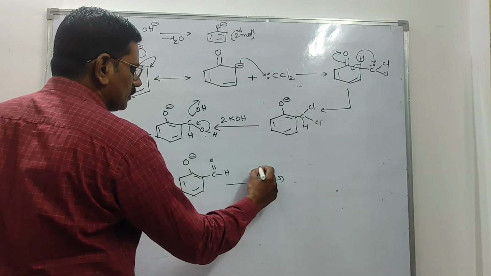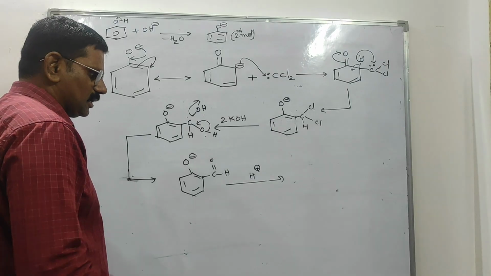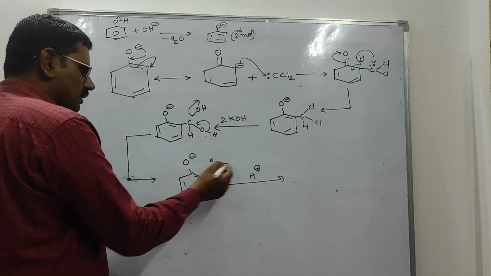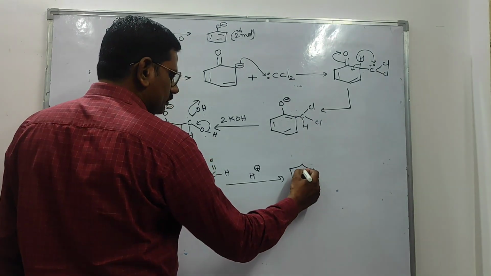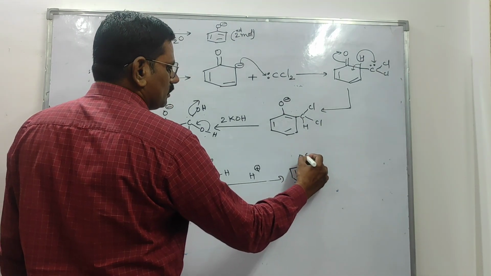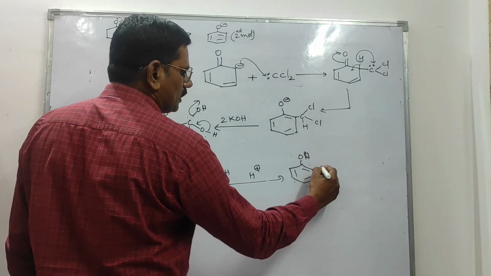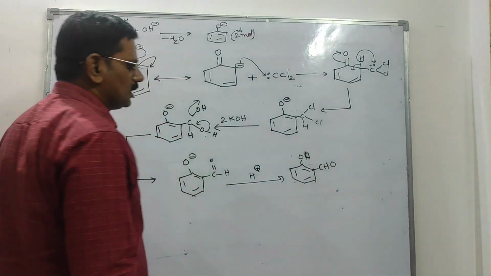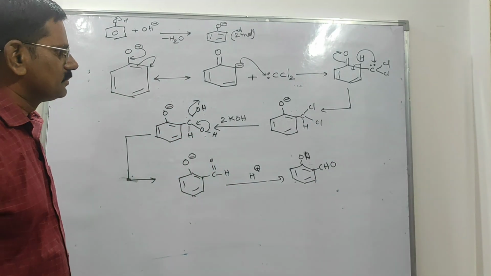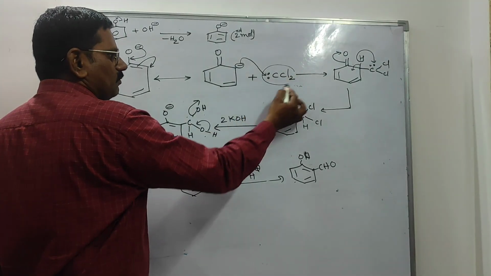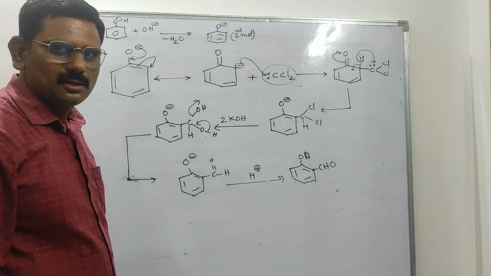Whenever we react with HCl or any acid, H+ attacks the negatively charged oxygen to form ortho-hydroxybenzaldehyde. It is also called salicylaldehyde. Here, what are the questions? The first question is, what is an electrophile in Reimer Tiemann reaction?